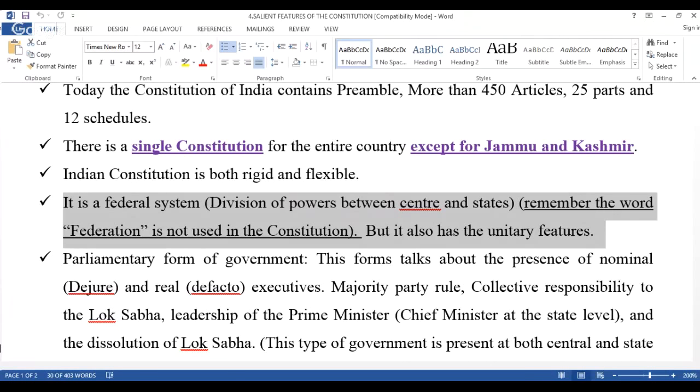The central government will become more powerful. Under normal circumstances, we are a federation. Under difficult circumstances, India will become unitary in nature. Am I clear? Right? Next.